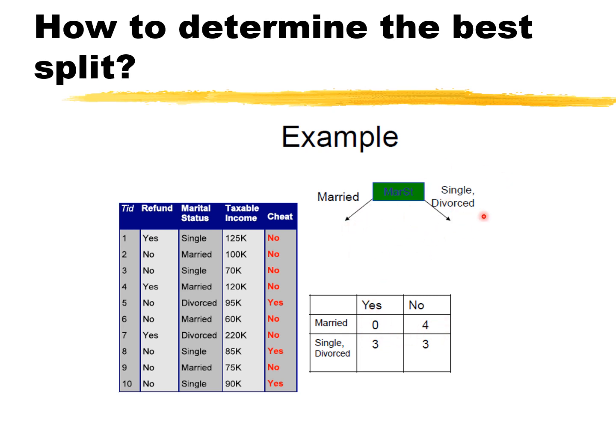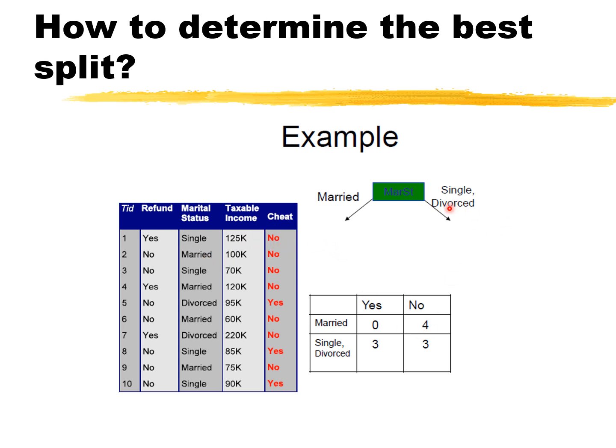That's why we have single and divorced together, because married already has a class assigned to it, because all the married people, if they are married, then they already have a class that they do not cheat.